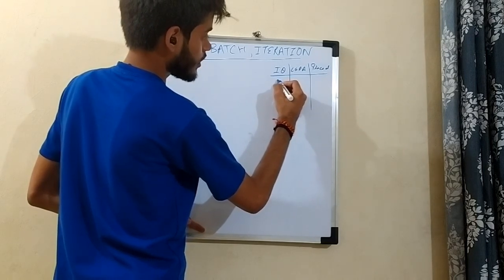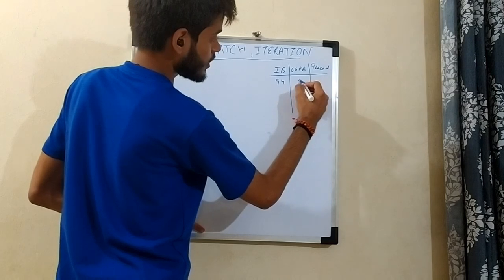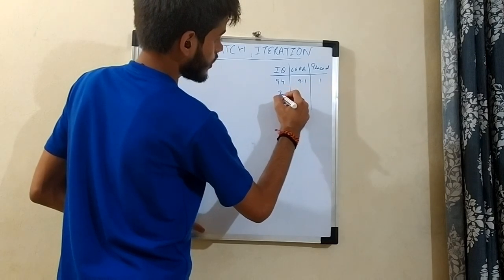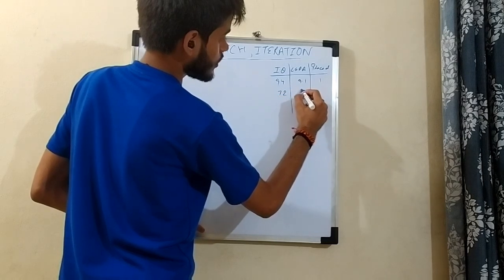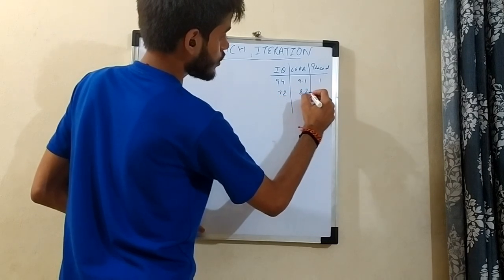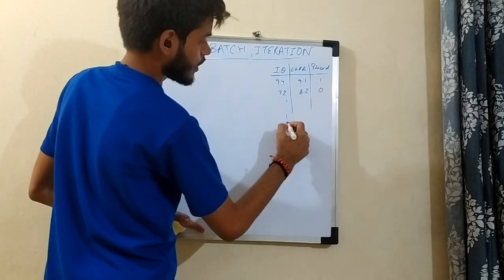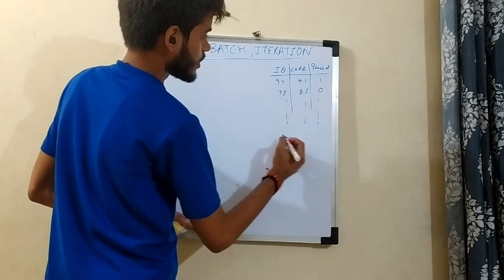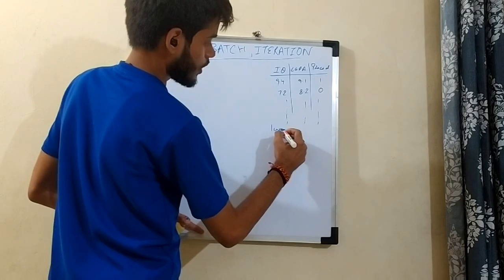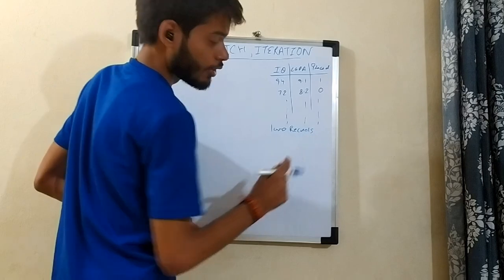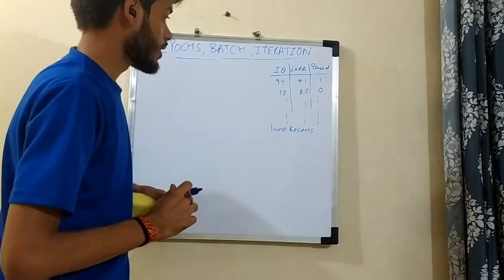Let's say you have IQ 94 and CGPA 9.1 and he is placed, and IQ 72 and CGPA 8.2 and he is not placed, and so on. This goes on to, let's say, 1000 records. I hope you understand what I mean by 1000 records.